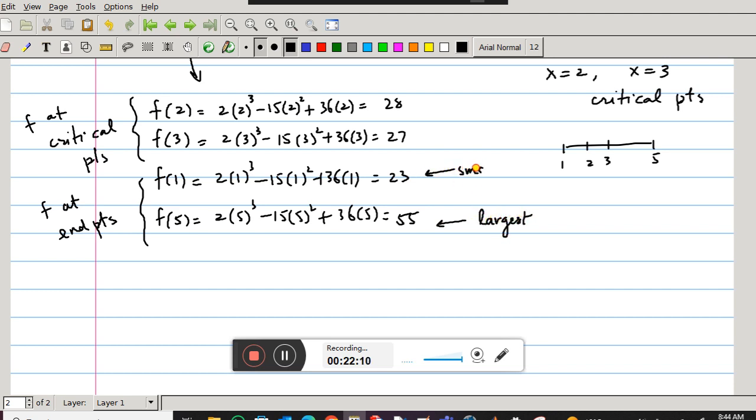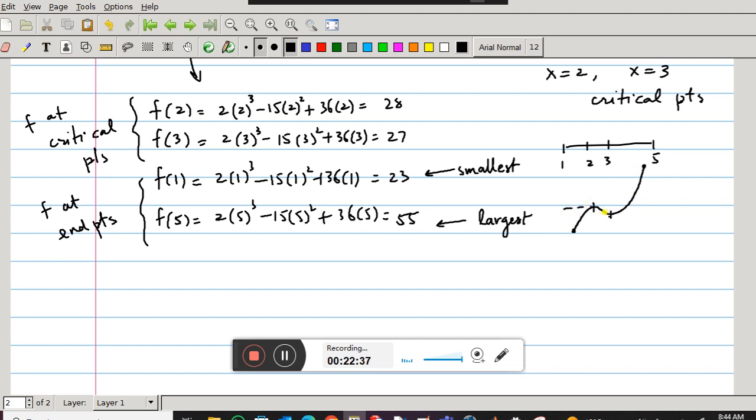Here both came at the endpoints, but it's not always true. Your function may be like this. The endpoint is 23 and then 27, 28 and 55. That's why the smallest value is at the first point and the highest value is at the endpoint. So these 2 and 3 are in the middle.